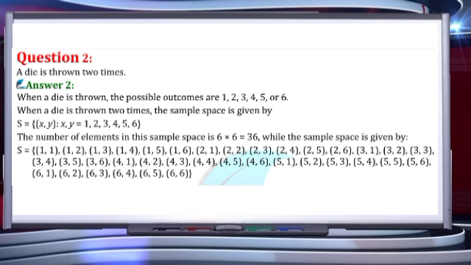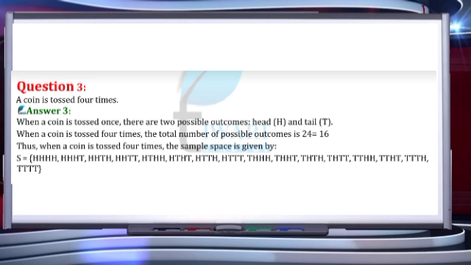Next, the third question is, a coin is tossed 4 times. Again, a coin has 2 faces, and it has been tossed 4 times. So our total outcomes will be given by 2 raised to power 4, that is 16. So how are we going to write its sample space?